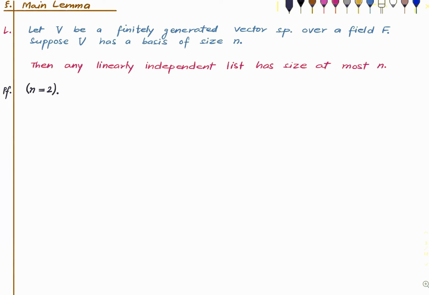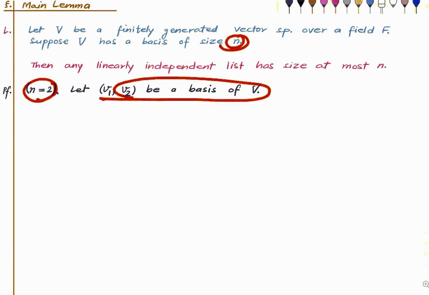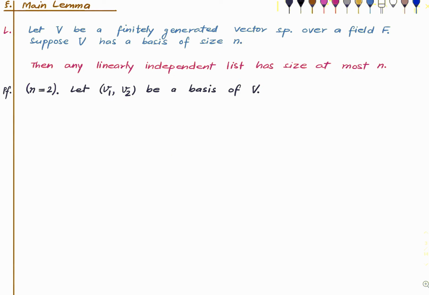So let v1, v2 be a basis of V. Our hypothesis is that V possesses a basis of size n. We have assumed n equals 2. So let this be a 2-element, or size 2, basis of the vector space.